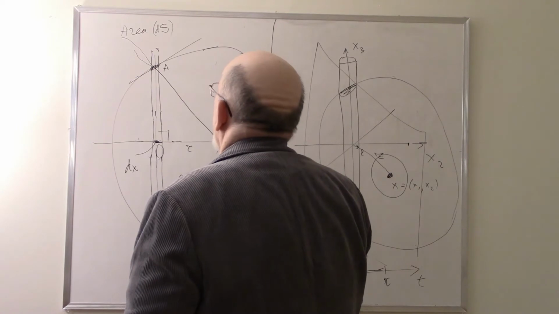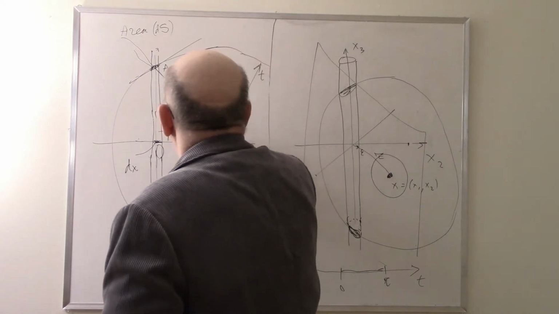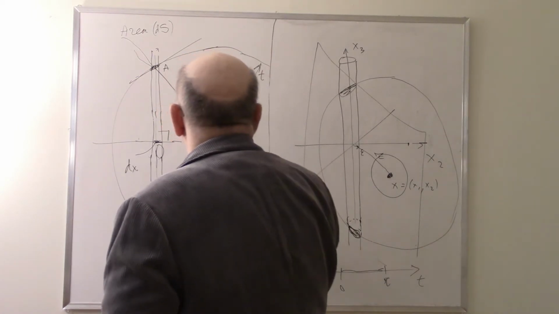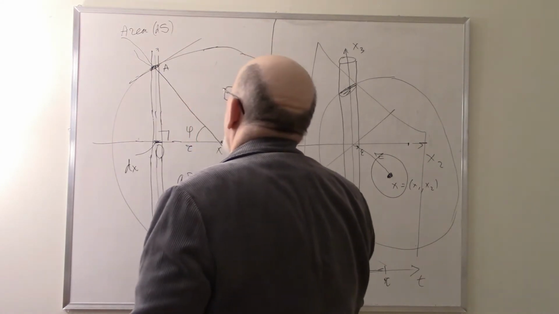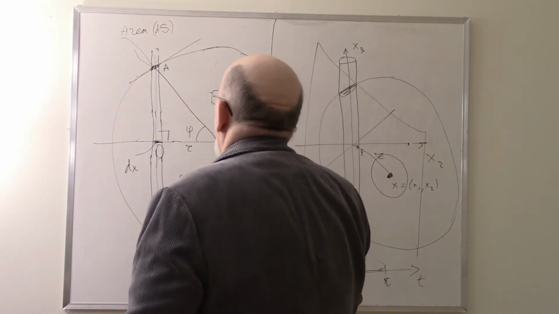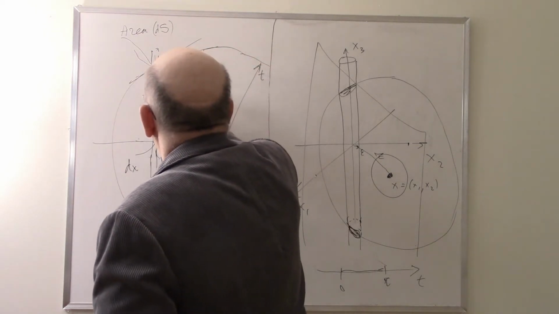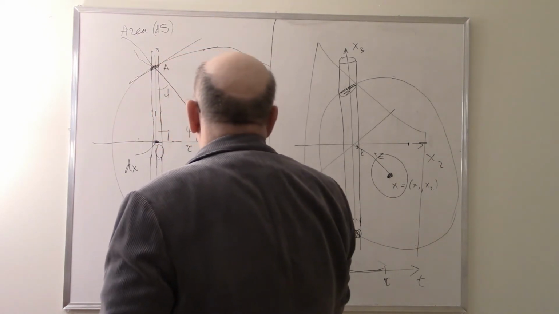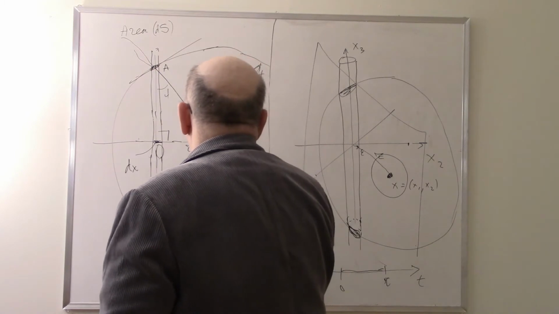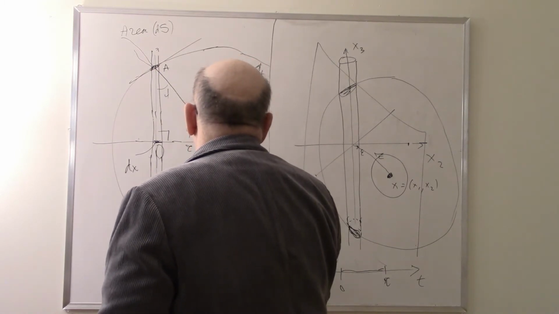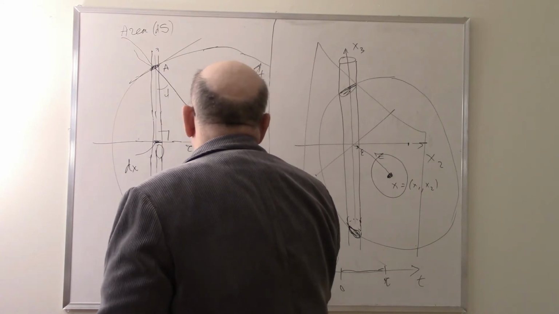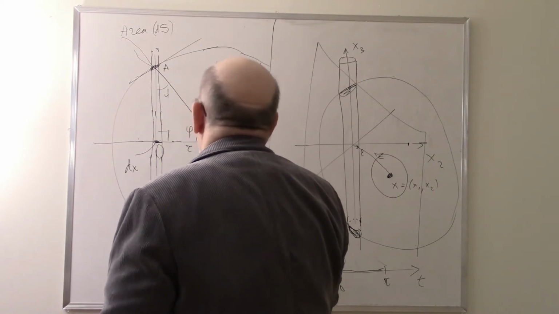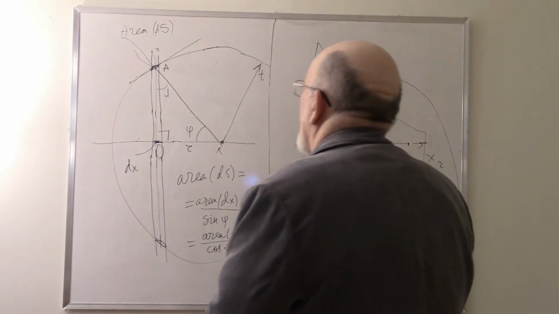one moment. So this has angle phi, sine phi. Yes? Or cosine psi. Area of ds equals area of dx divided by cosine psi. No, it is the same.